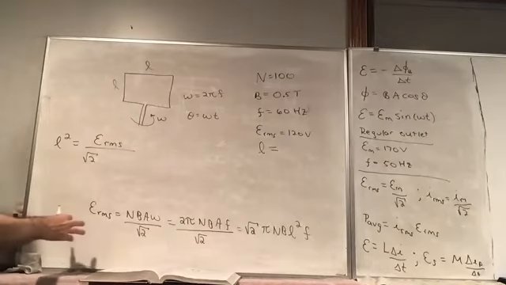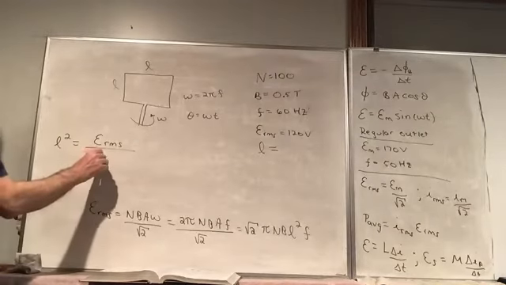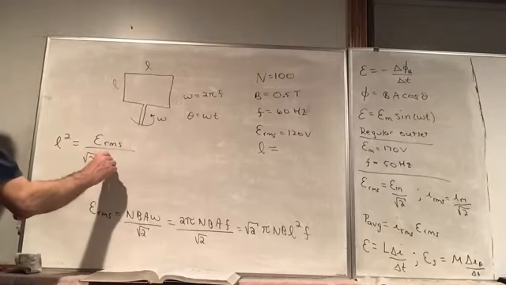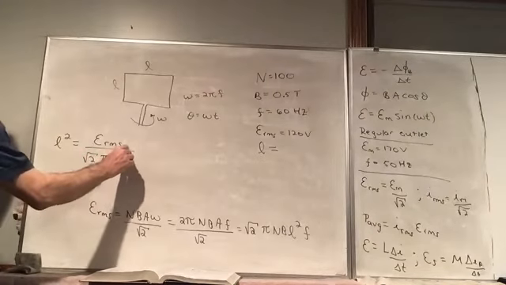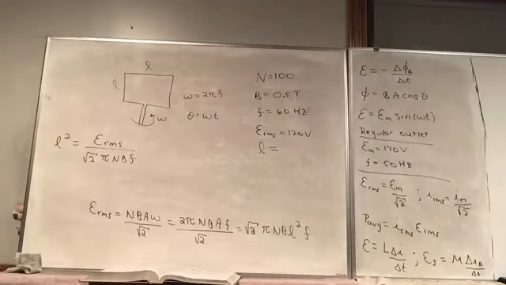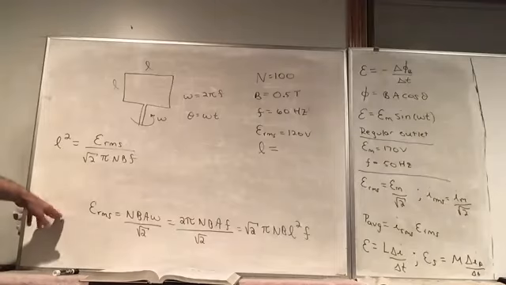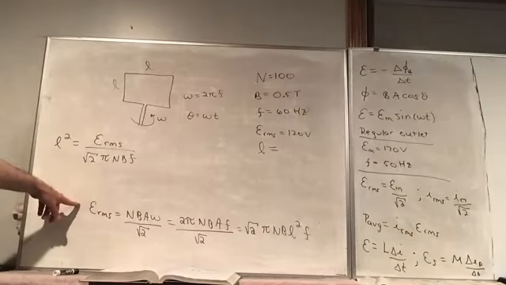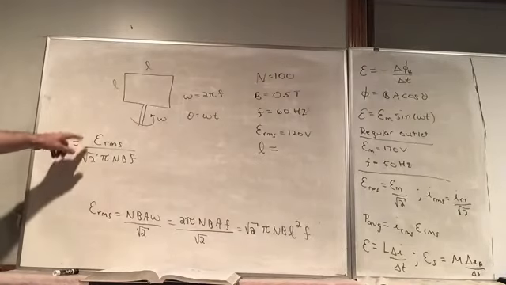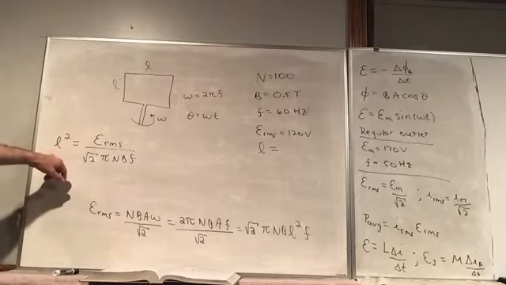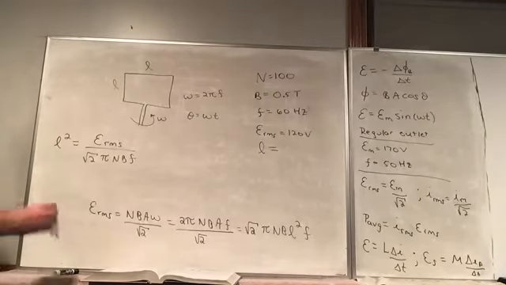So we have square root of 2 pi N B f. That will be L squared. And then it's a matter of plugging things in and getting the right units. So before I erase this, we have ERMS over square root of 2 pi NBF.